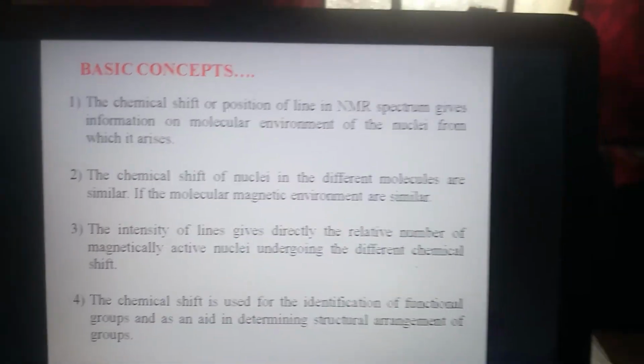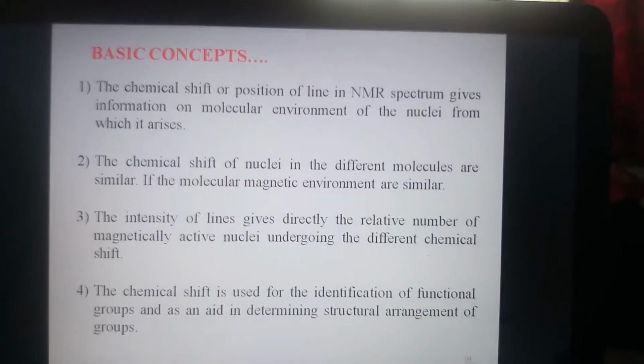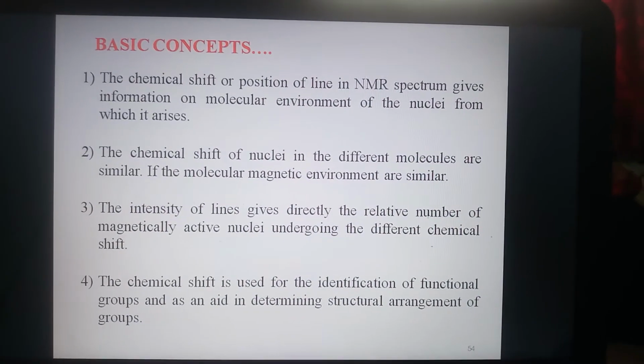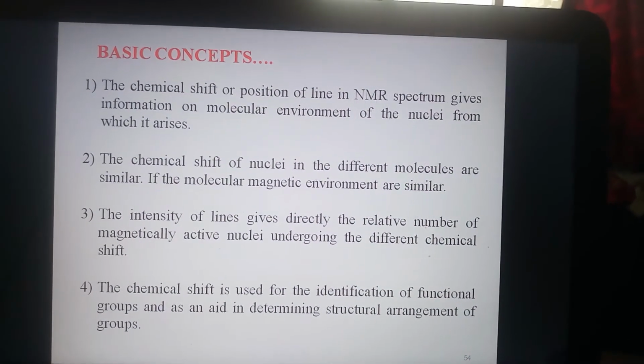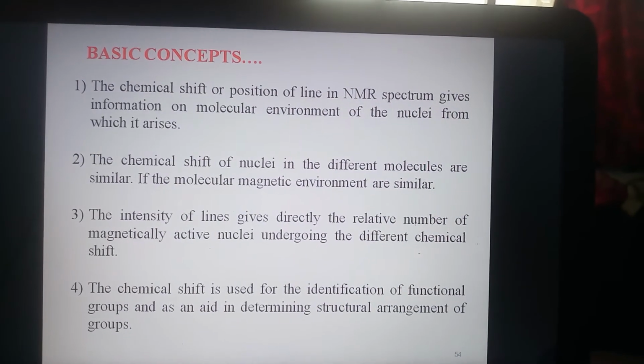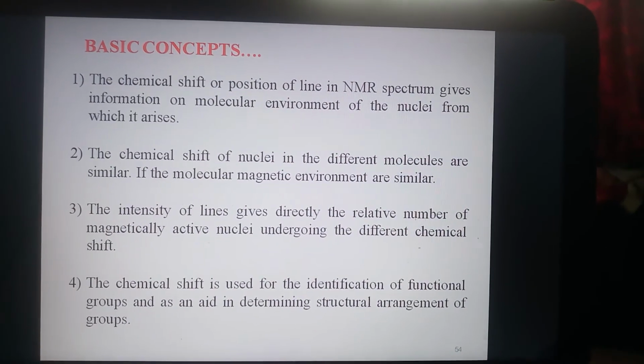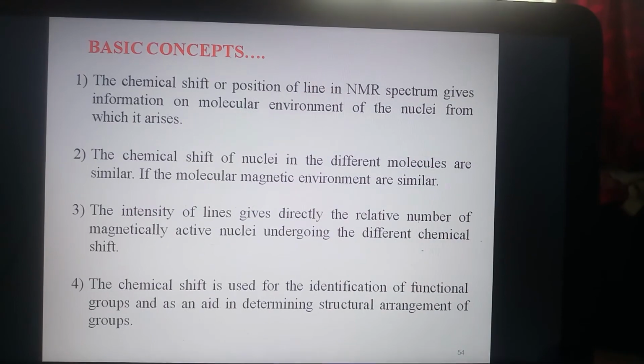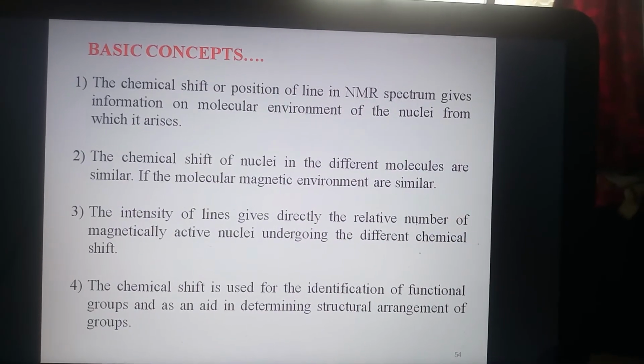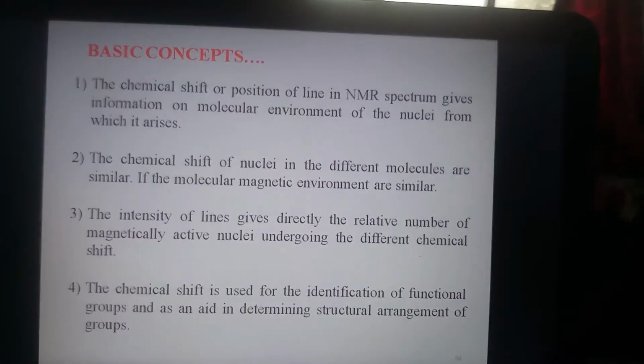Now, the basic concepts we have learned so far: the chemical shift, or position of a line in the NMR spectrum, gives information on the molecular environment of the nuclei from which it arises.